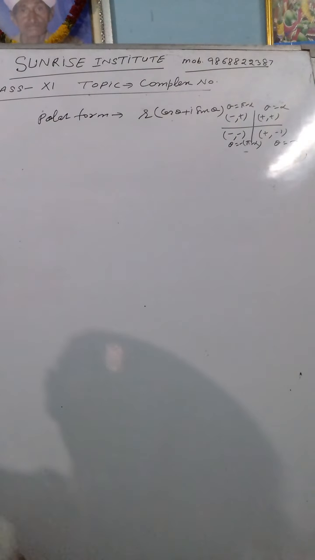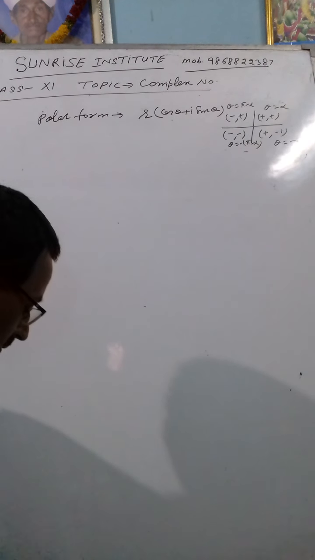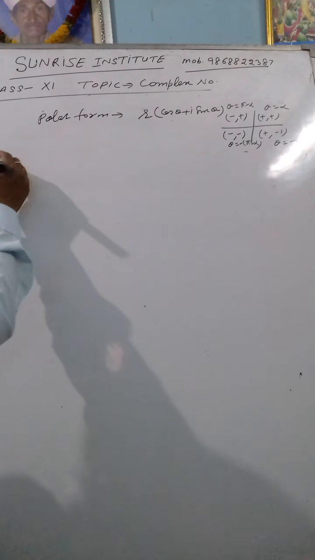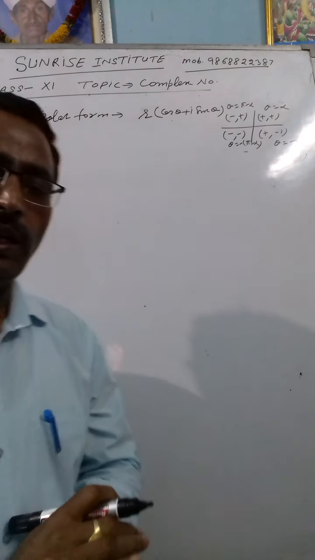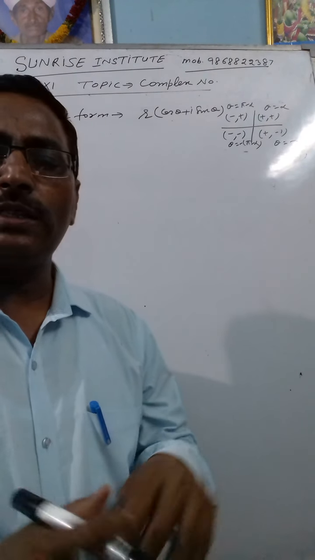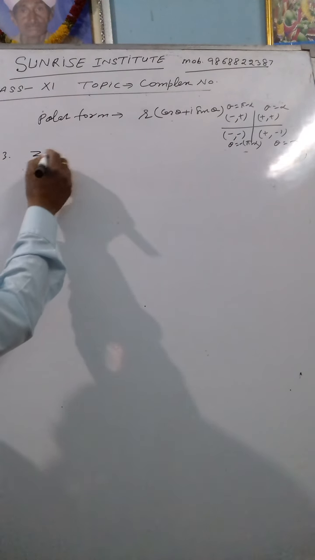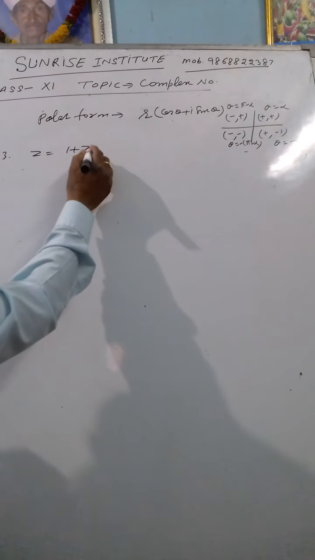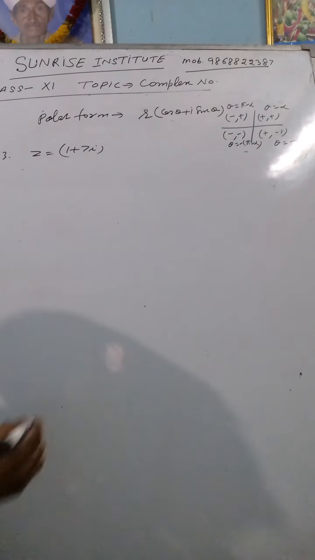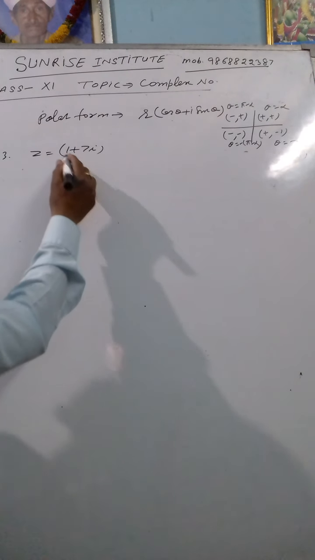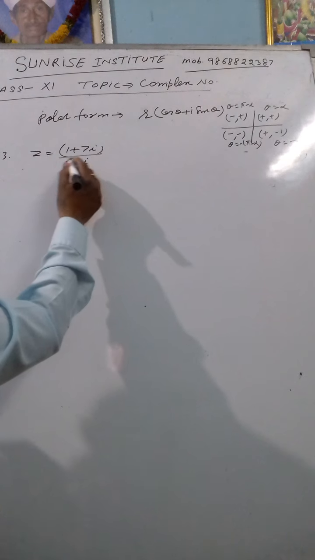Question number 3: z equals (1 + 7i) upon (2 minus iota) whole squared.